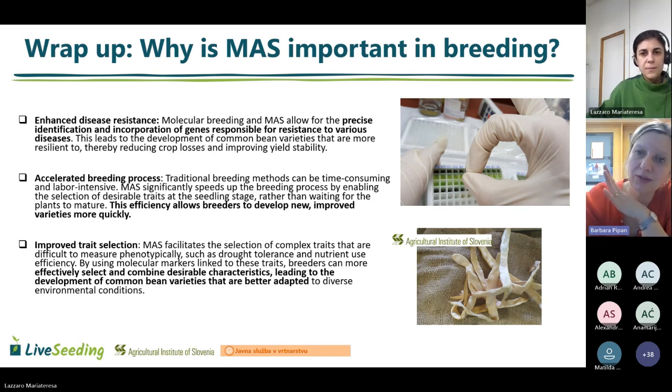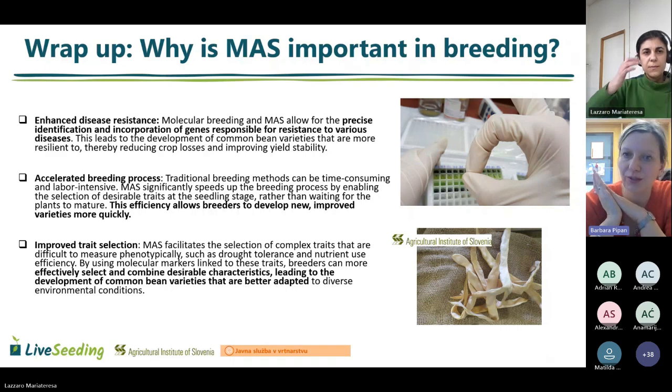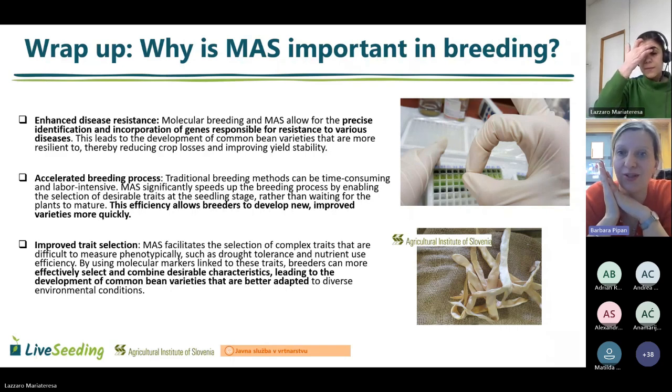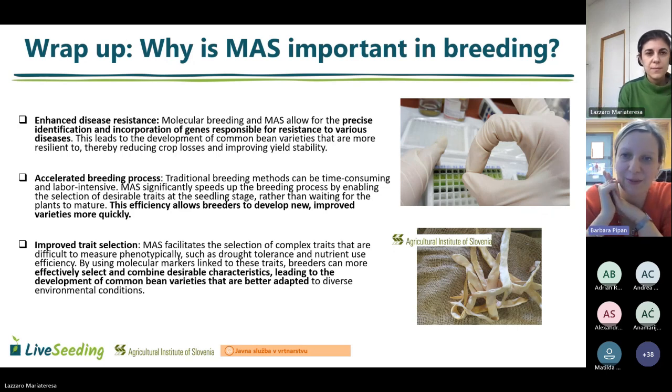So in those conditions which are really changing during the climate change, which is recently present in our world. So this is actually the main challenge for all the breeders, I think, for all plant species.